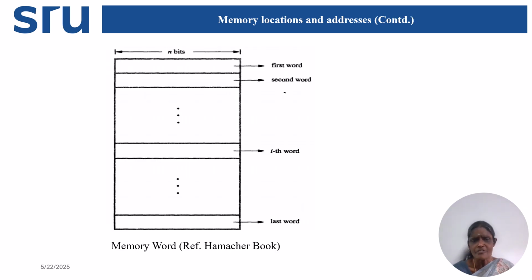This is the general form of a memory word, and this diagram is taken from the reference book, Computer Organization. This is the architecture of the memory cell, how a bit can be stored. This one is an n bit word. In one memory location, an n bit word, that is one word, can be stored.